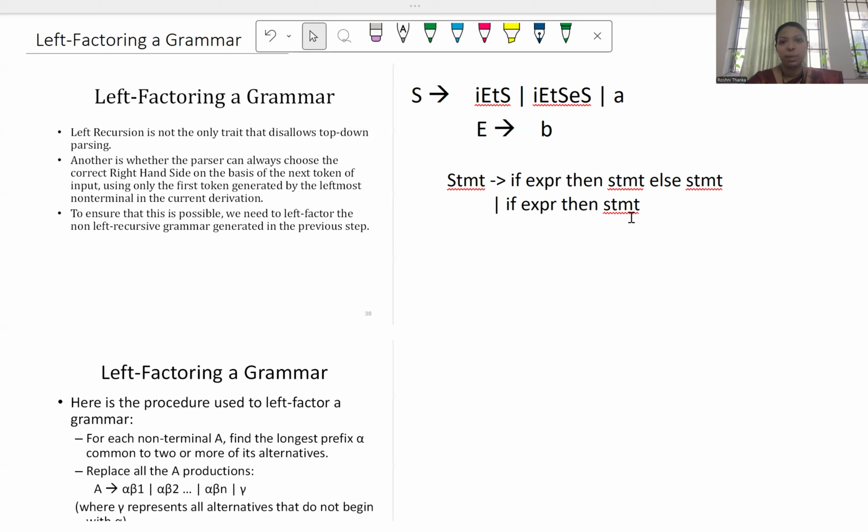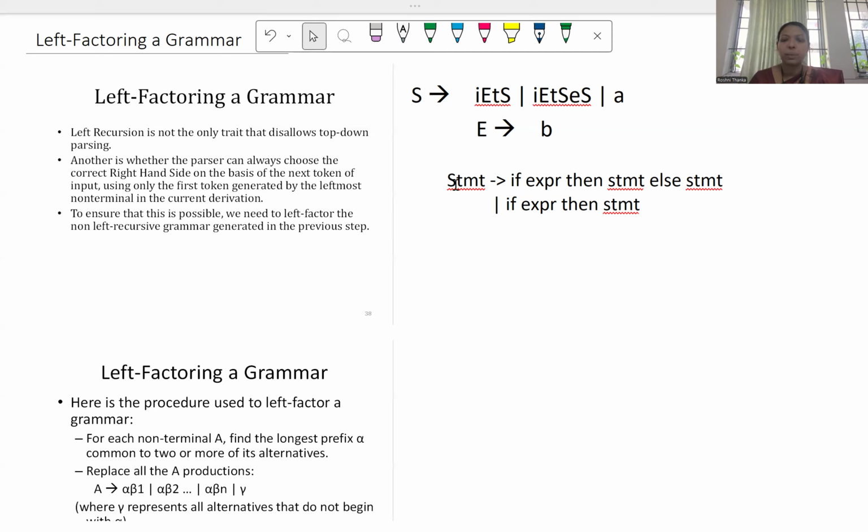What does left factoring mean? Consider a programming language which has if conditions. For that, I have written rules in the form of a context-free grammar. Here we have two productions saying what a statement can be.